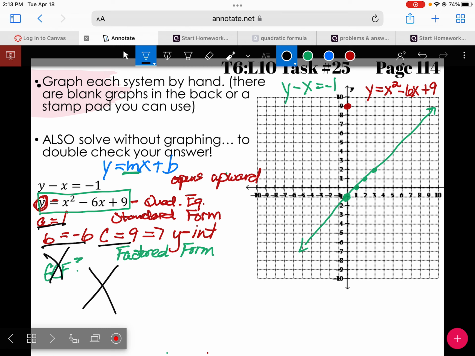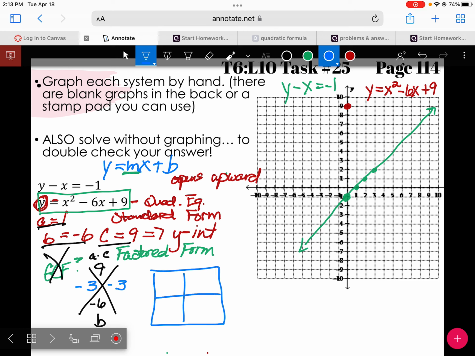Let's go to the X box. A times C is 9, and B at the bottom is -6. So what are 2 factors of +9 that add up to -6? Negative 3 and negative 3.